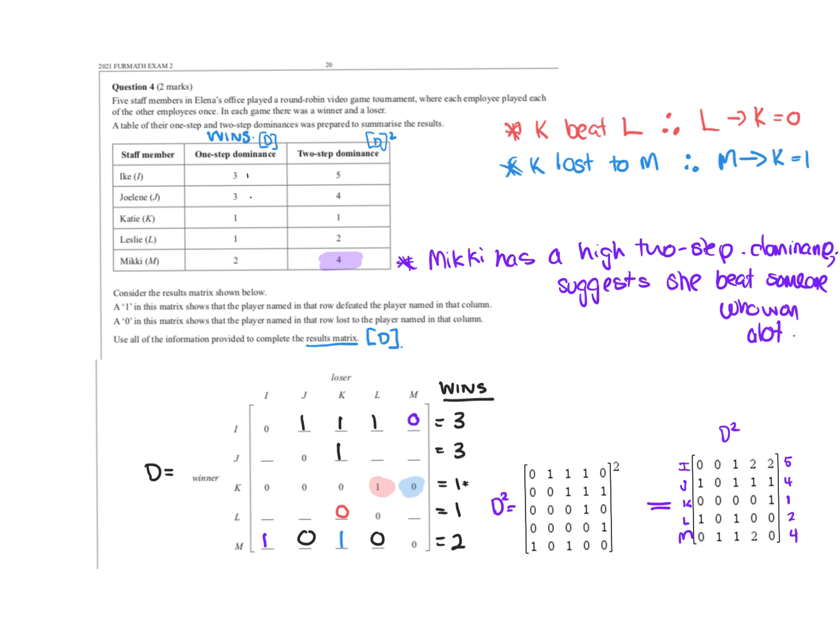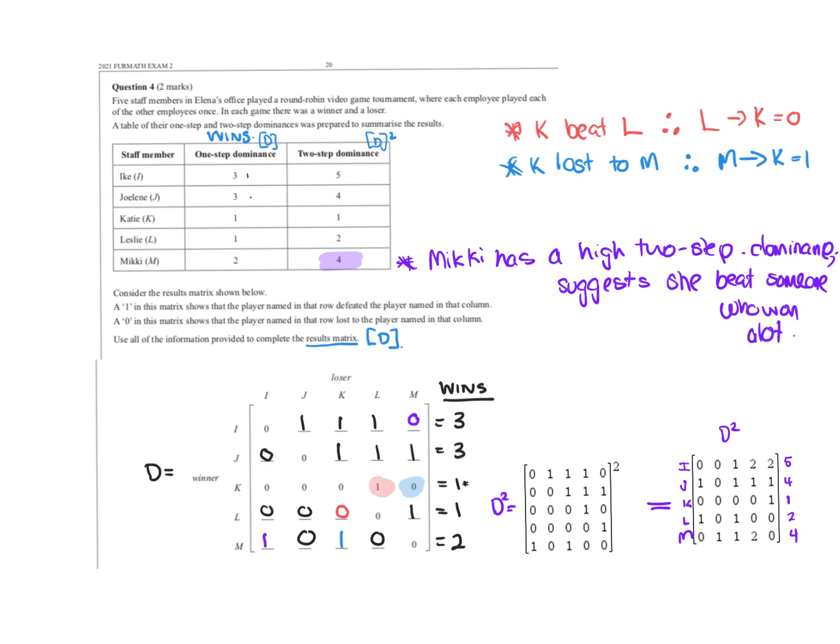Then you watch everything else play out. So Jolene lost to Ike, and then you can get her 3 wins. And if you look at Leslie, she needs to beat someone. She doesn't have any two-step dominance, so we accept 1.